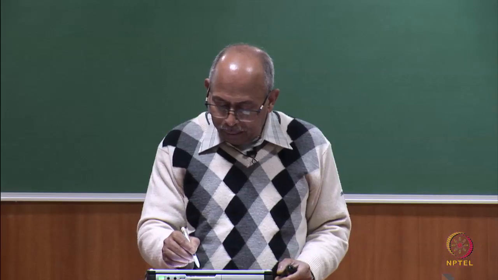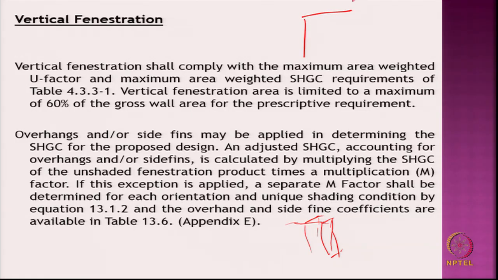If I have an overhang, this will block the sun radiation up to this point. So, till the sun is here, it will block, and when the sun comes here, this will come in, this will not block. So, therefore, that proportion I can take into account, that is what it is saying, right. Overhang and side fins are calculated by multiplying the SHGC of the unshaded portion times a multiplication factor. So, this is called the solar shading multiplier, and one can calculate this out.